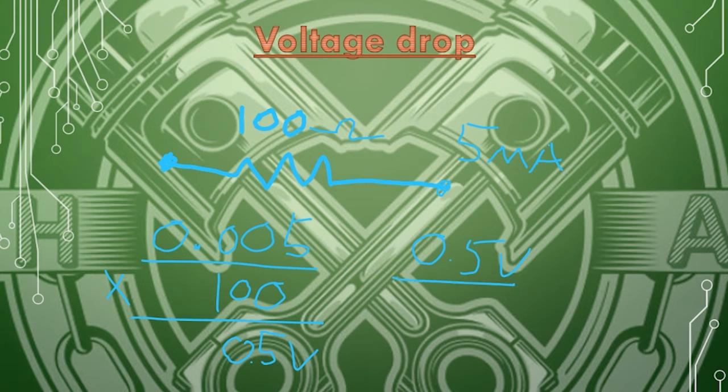And then we're going to need to times it by the 0.005, which will then give us, let me just quickly work it out, 0.5 volts times 0.005, that will then give us 0.0025. And you can also put this in the calculator if you wish to, just so you can see how it is that I'm doing it.